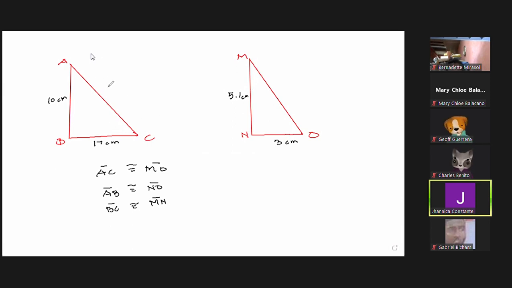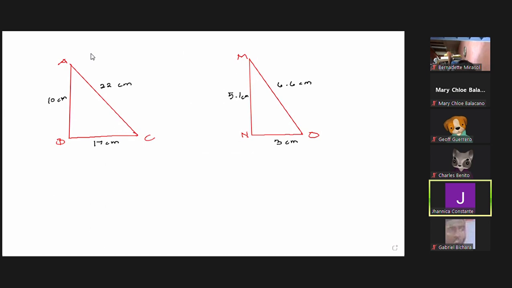Side AC measures 22. And side MO measures 6.6 centimeters. So for example, those are the measurements of our triangles.